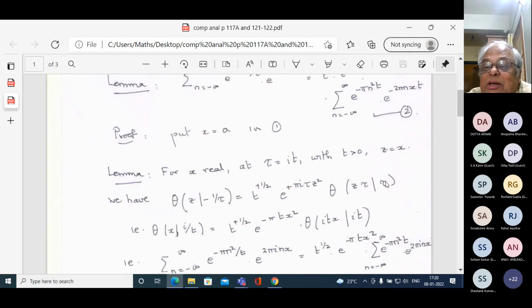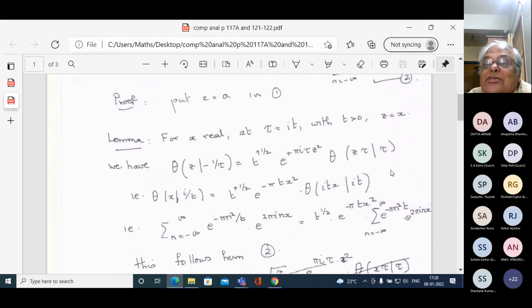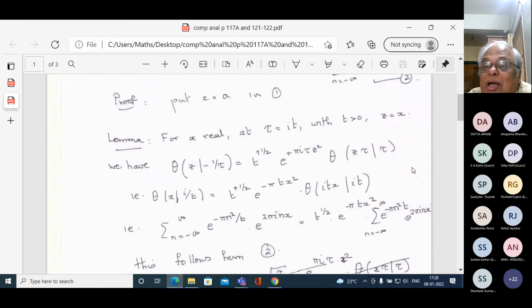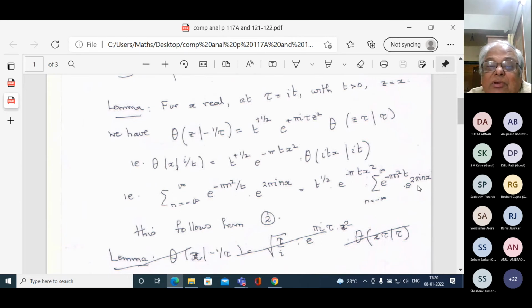And this term that I have here is e raised to minus pi n squared t, e raised to minus 2 pi i n x. So this equation follows from the Poisson summation formula for the function e raised to minus pi x squared.